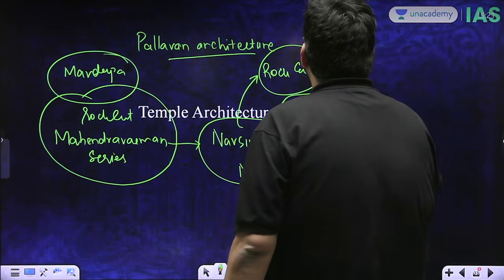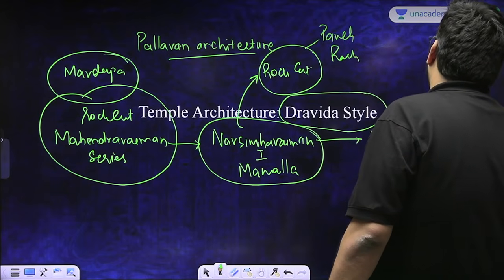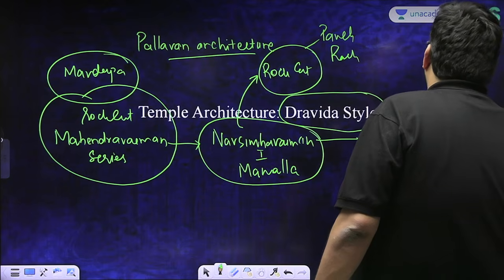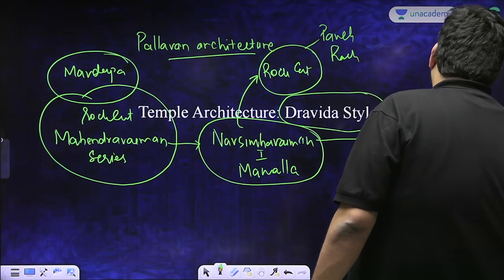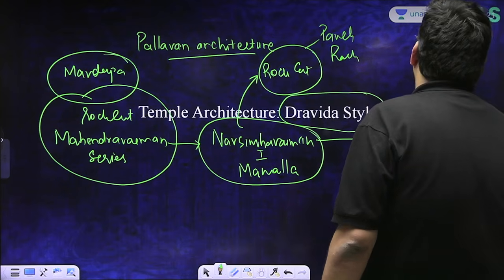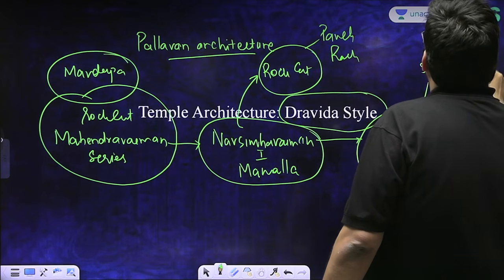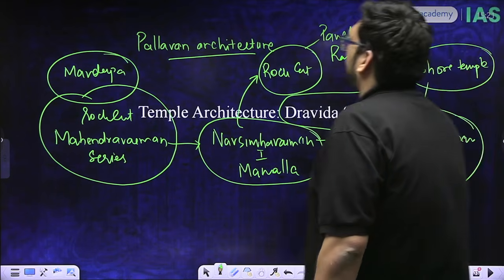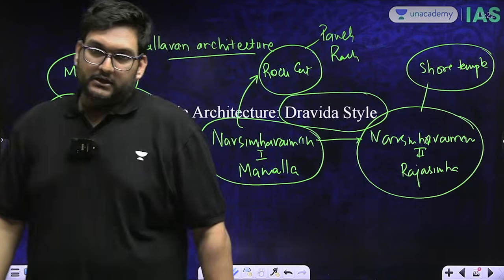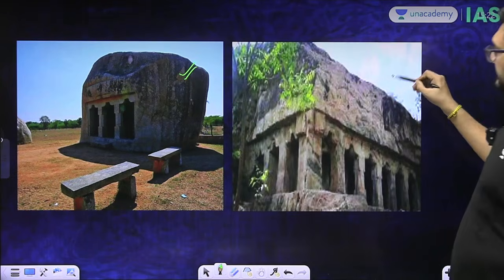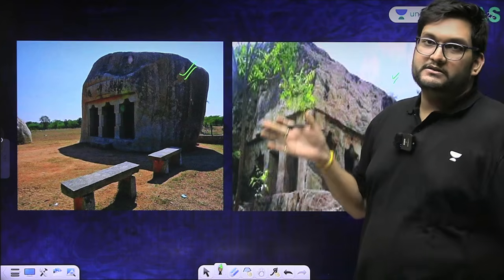And then you get Narasimhavarman 2 Rajasimha, and Rajasimha is the one who developed the Shore Temple, which is the example of the earliest form of Dravida architecture.